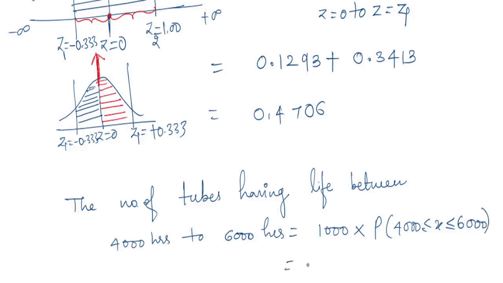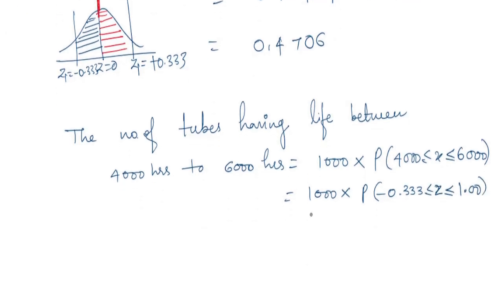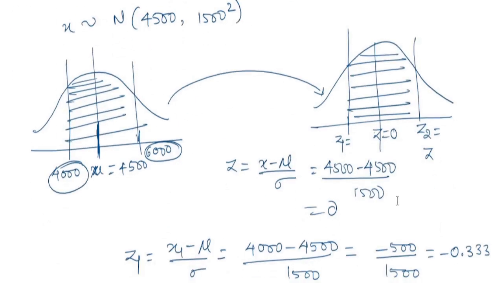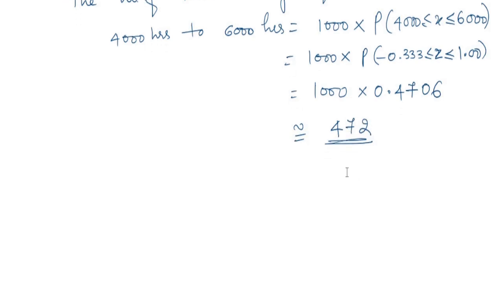But we have converted this into the z variable, which is minus 0.333 less than or equal to z less than or equal to 1.0, and that probability we have. So 1000 multiplied by 0.4706, approximately, is 472 tubes. So as per the question, the number of tubes lasting between 4000 and 6000 hours is 472. In this way we can solve numerical examples using the normal distribution.